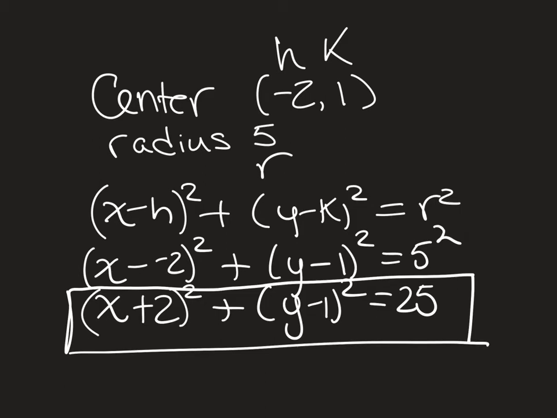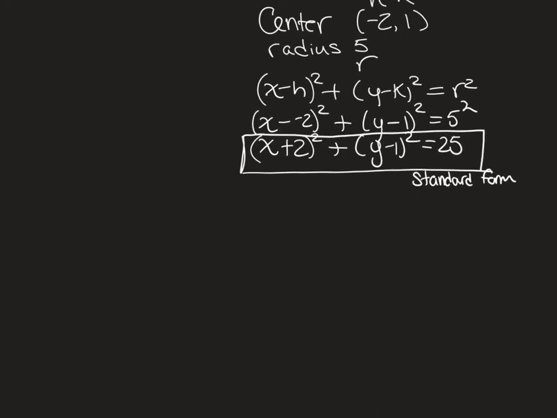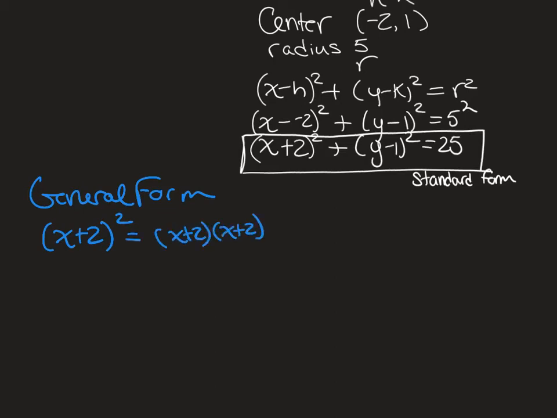I want to practice one time just multiplying this out. This is called standard form. I want to write it one time in general form just so we can practice. So general form, we're going to multiply it out. So we're going to do the (x plus 2) squared, which is really (x plus 2) times (x plus 2). So when you multiply that out, you can pause the video and take a quick second.